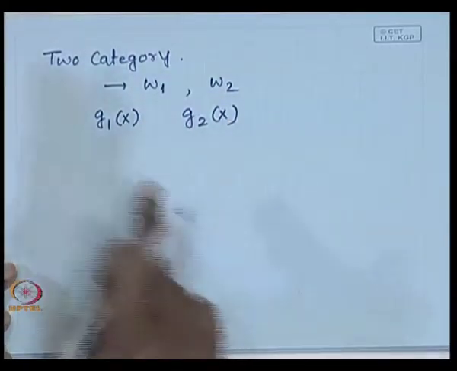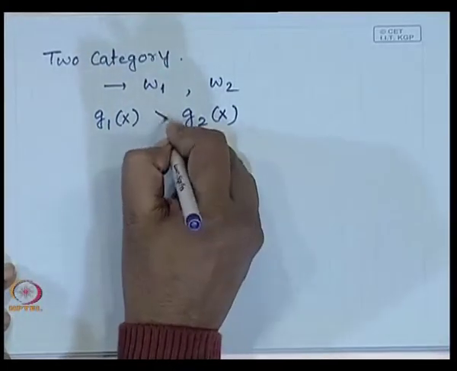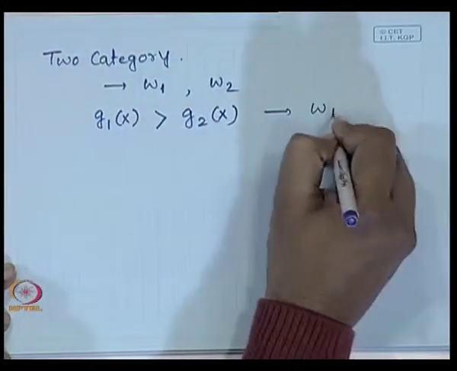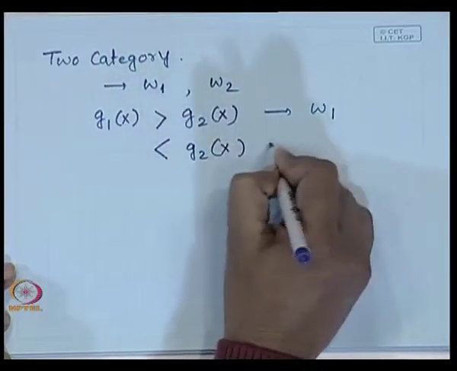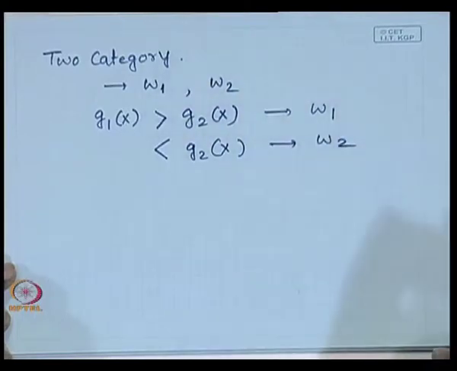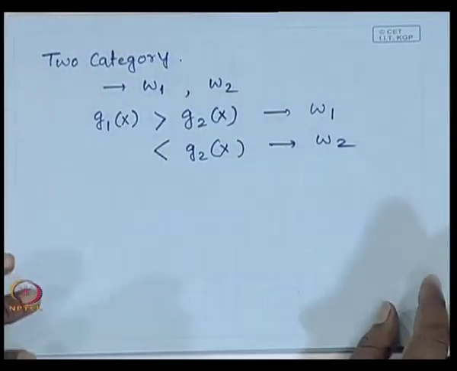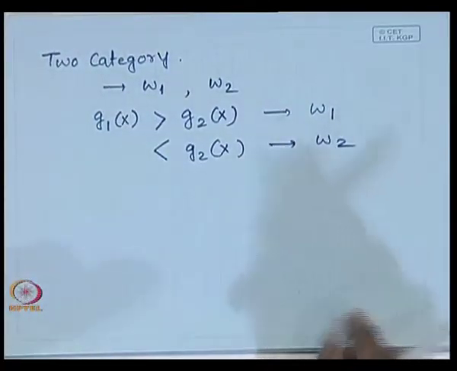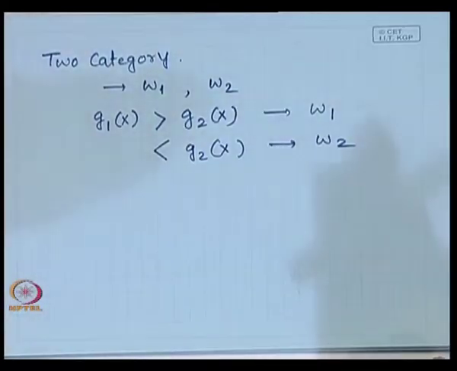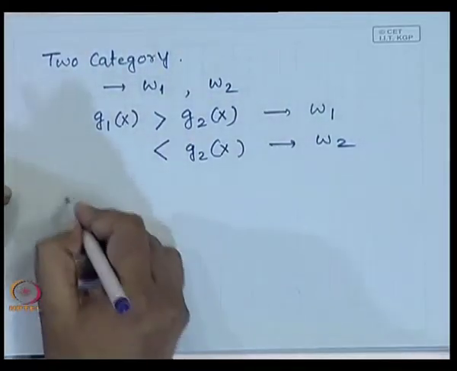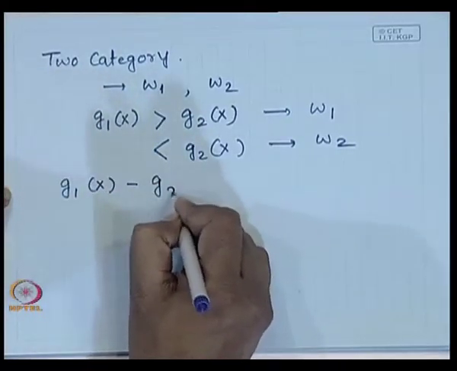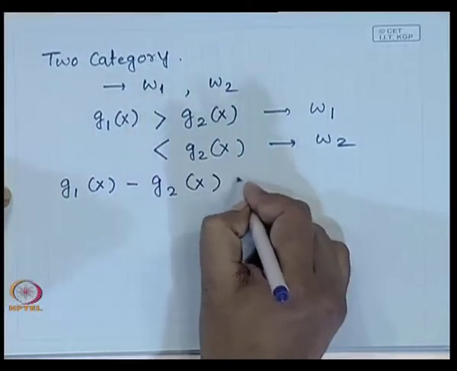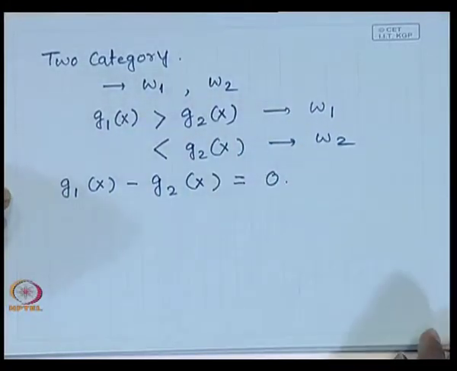My decision rule is, if g_1(x) is greater than g_2(x), I decide in favor of omega 1. If g_1(x) is less than g_2(x), I decide in favor of omega 2. So, what is the decision boundary between the classes omega 1 and omega 2? The decision boundary is simply where g_1(x) is equal to g_2(x).